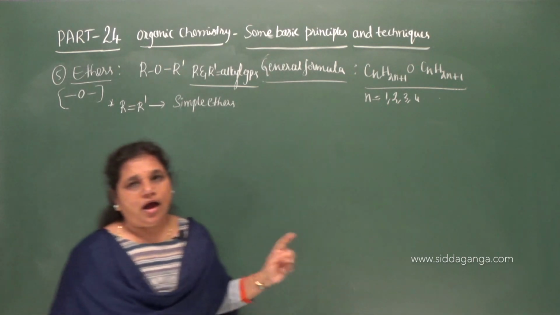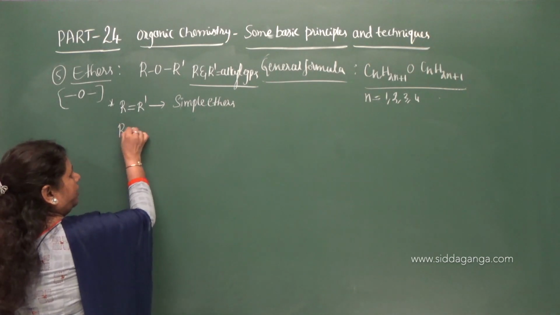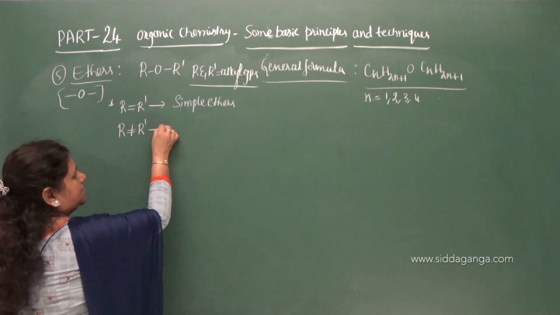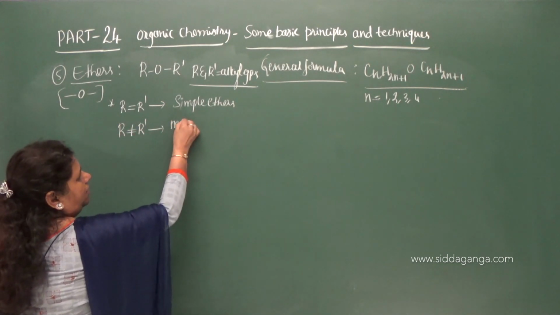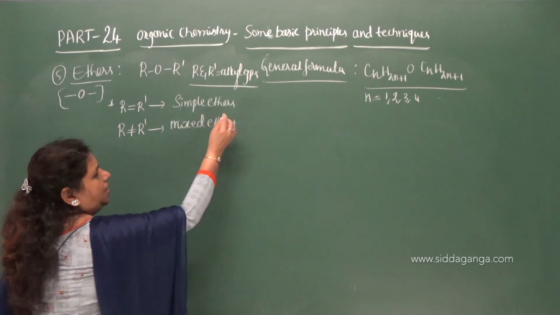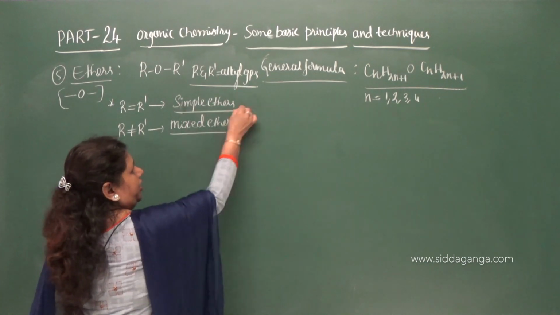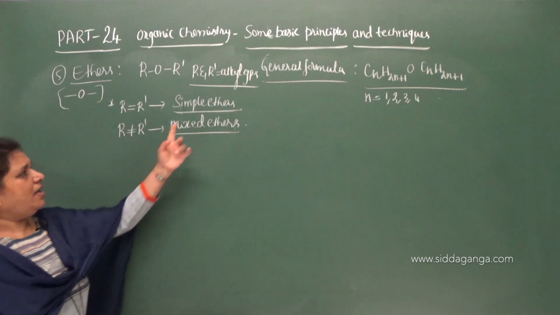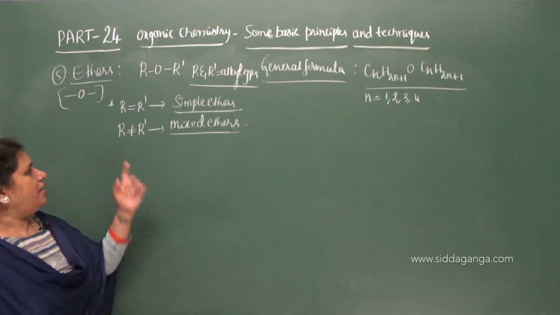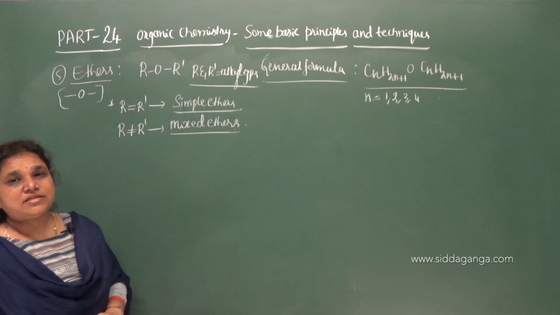If R and R dash are different, if R is not the same as R dash, then they are called mixed ethers. So if R and R dash are the same, they are called simple ethers. If R and R dash are different, they are mixed ethers.